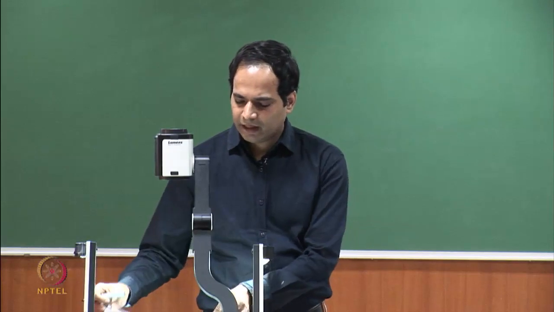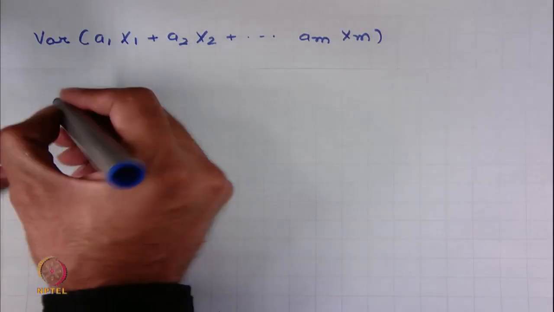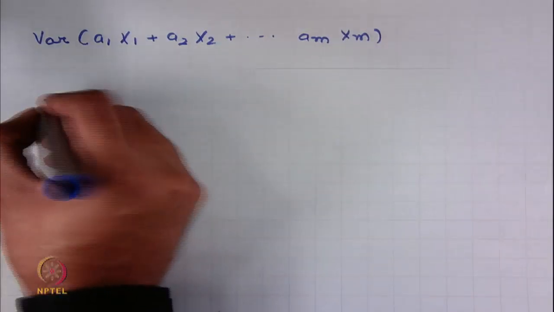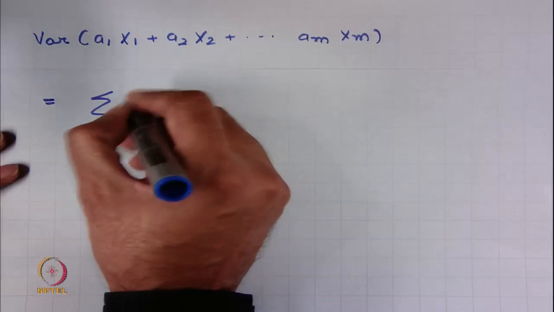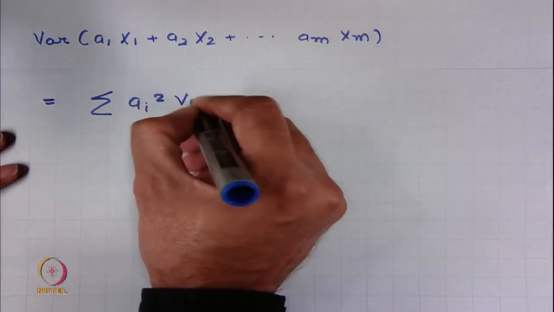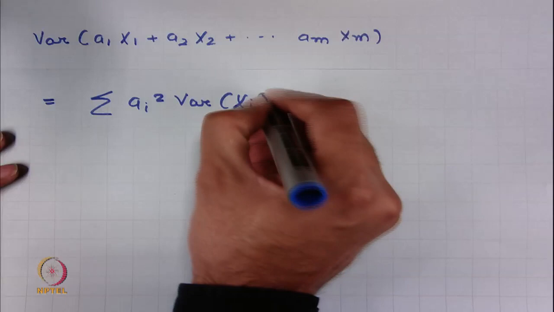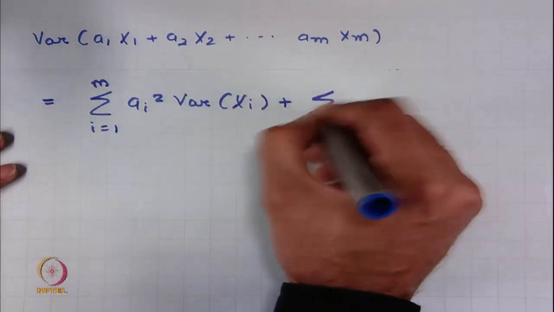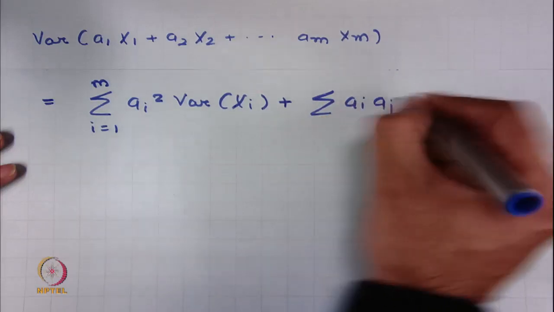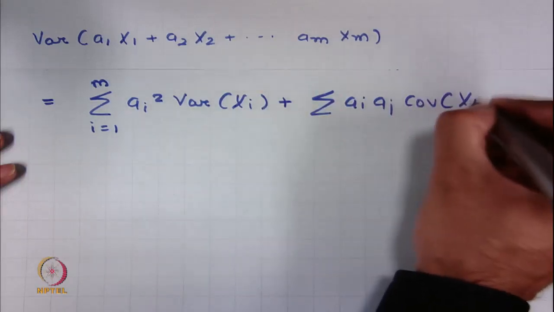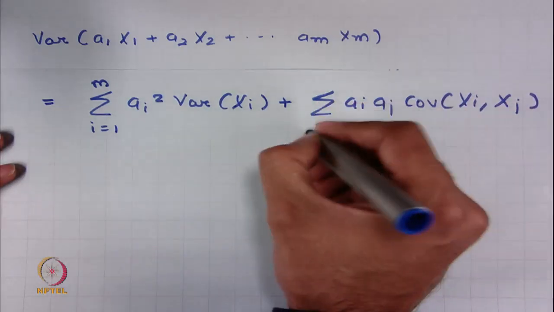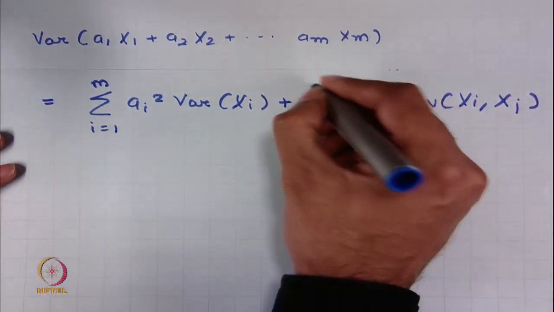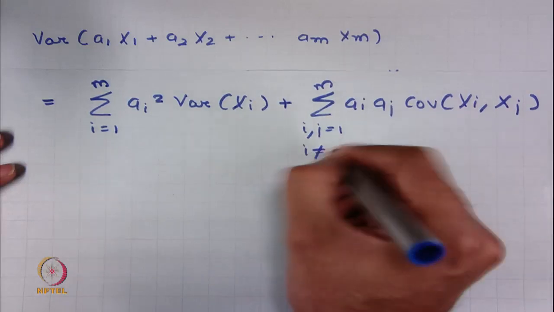For example, let us say I am given that x1, x2 and xm are uncorrelated, right. So, the variance of this, let me write it again, is nothing but summation ai square variance of xi, i going from 1 to m, plus ai aj covariance of xi with xj, i and j going from 1 to m and i is not the same as j.